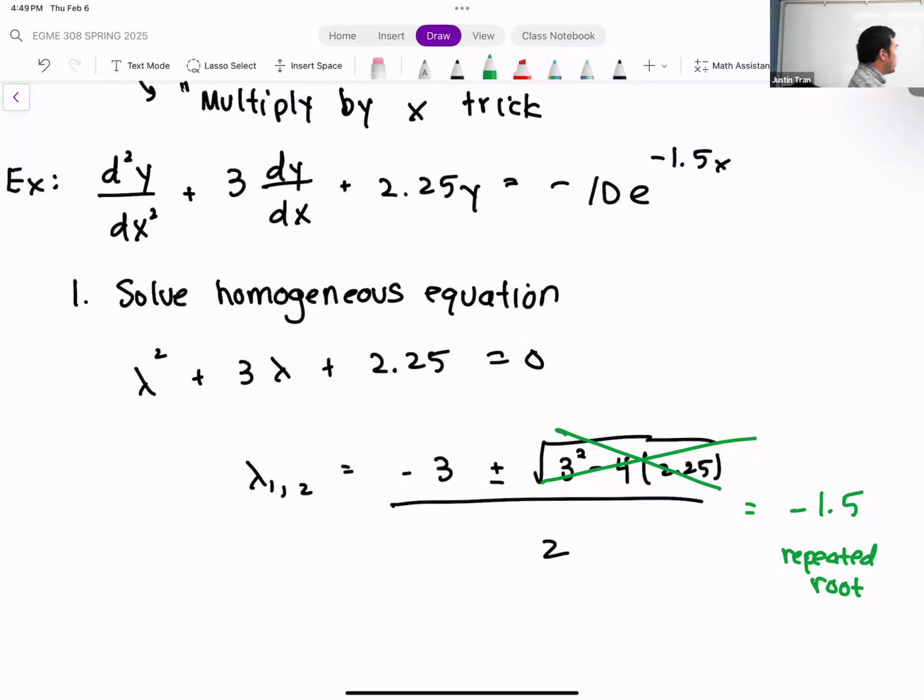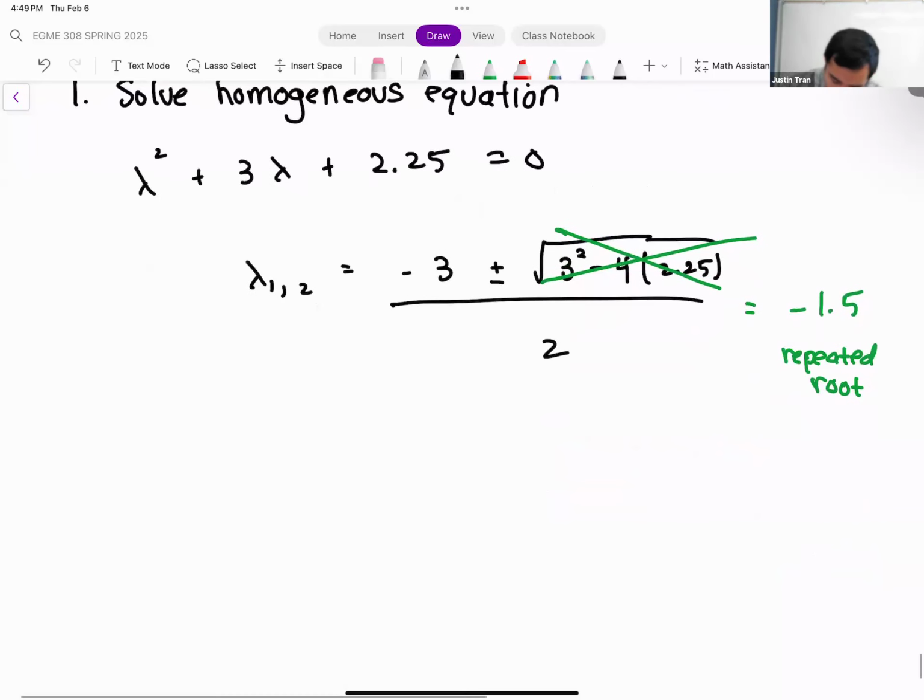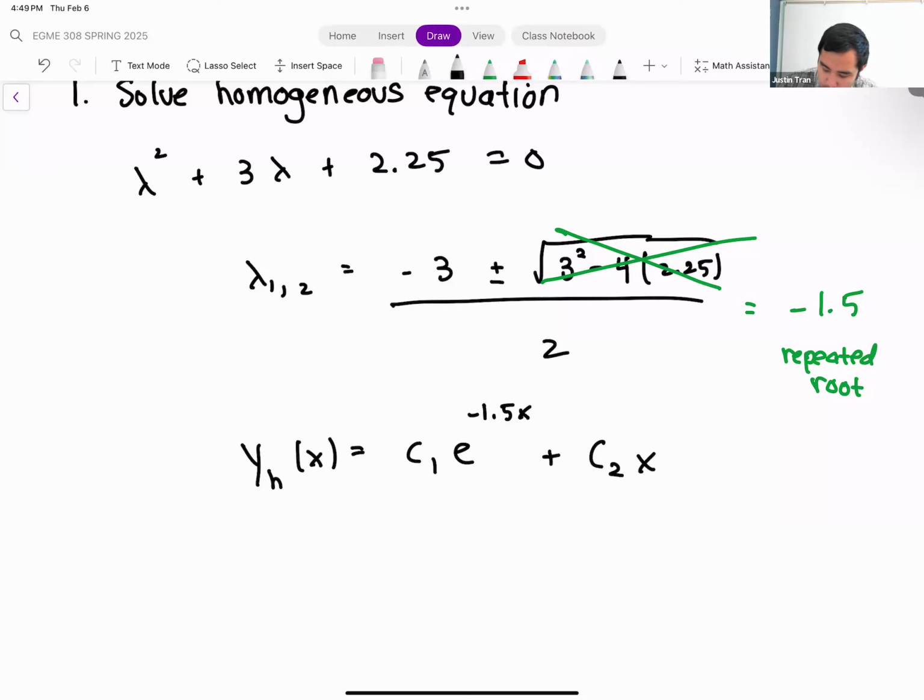So that means our homogeneous solution will be an exponential function with that exponent, but one of them is going to be multiplied by x just to make it linearly independent. So that means y h of x is equal to c1 e to the minus 1.5x plus c2 x e to the minus 1.5x.